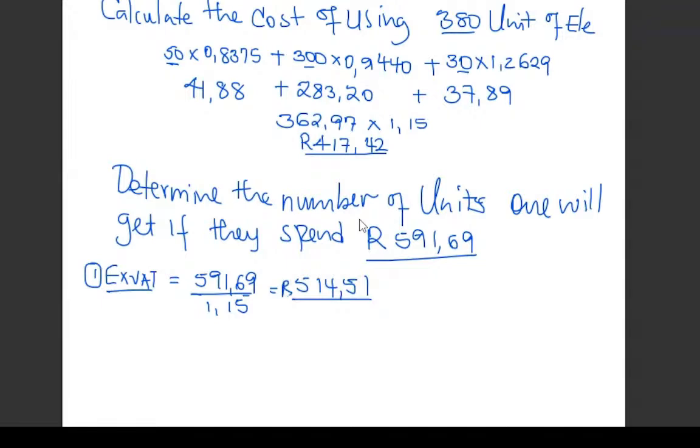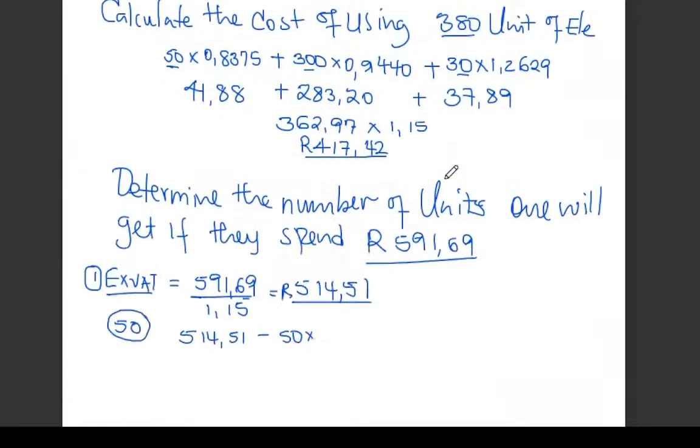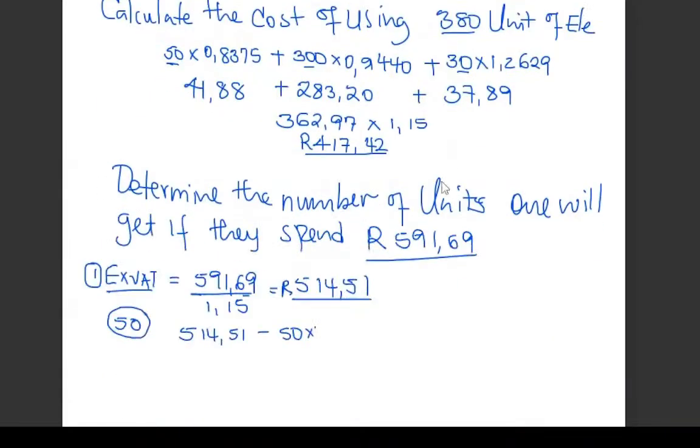So having got this much money without VAT, number one, I will have to subtract the cost for the 50 units, because this is what you start with. So we shall say minus 50 times 0, comma.